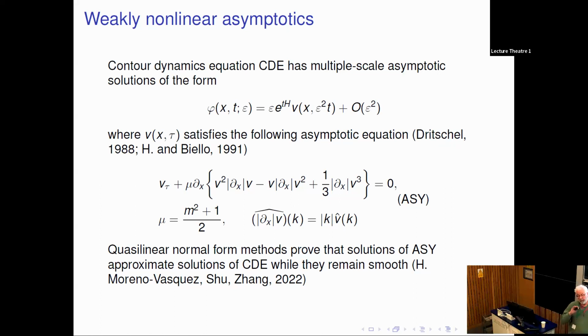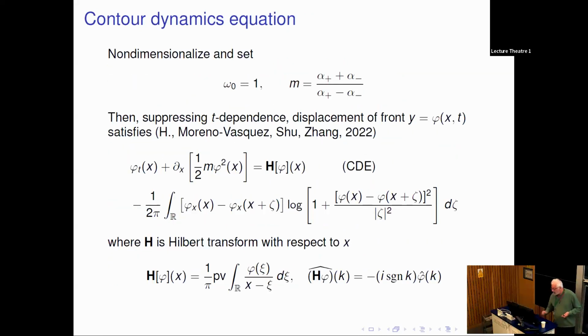It's not a really straightforward argument, although it's understood now how to do it, because you're basically doing normal form methods for quasi-linear equations.